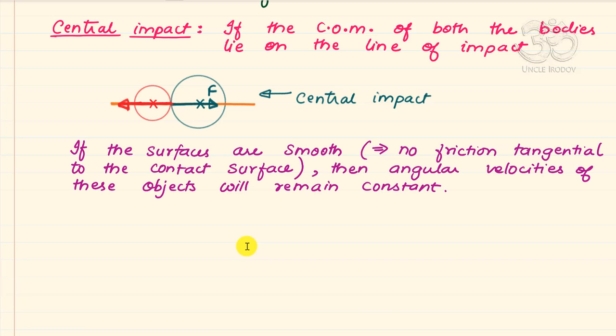Then we have something called eccentric impact. So we had a central impact. The next thing that we have is called an eccentric impact. And clearly this will be the case when one or both the centers of masses don't lie on this line.